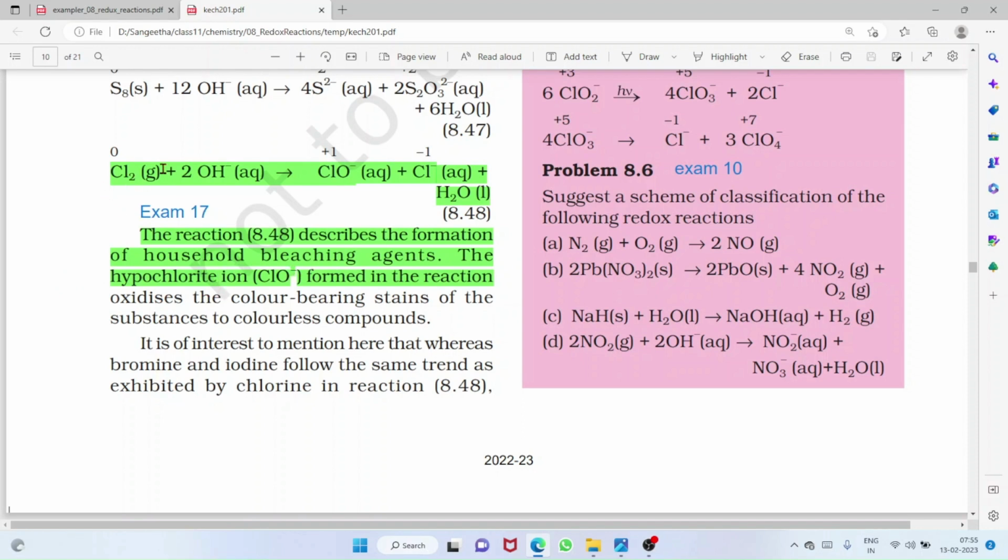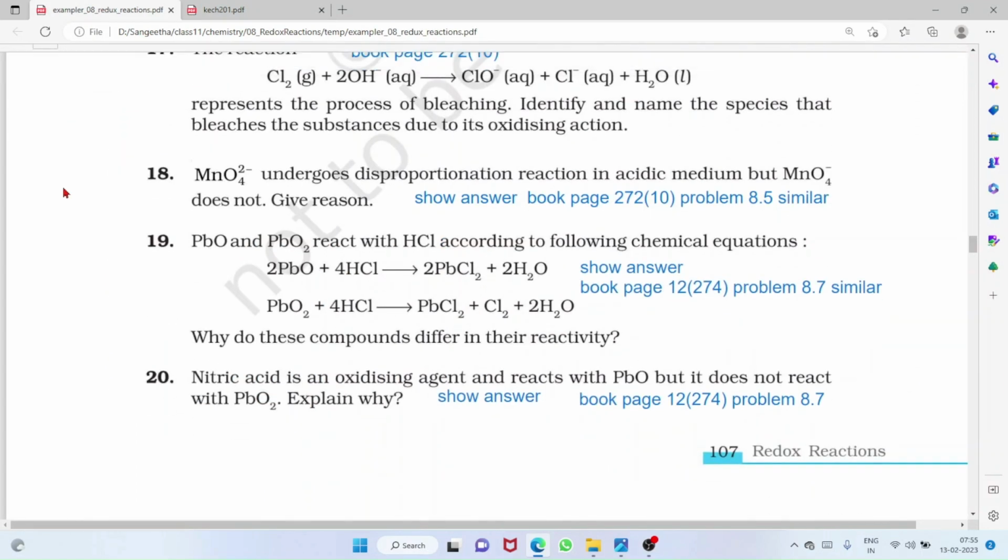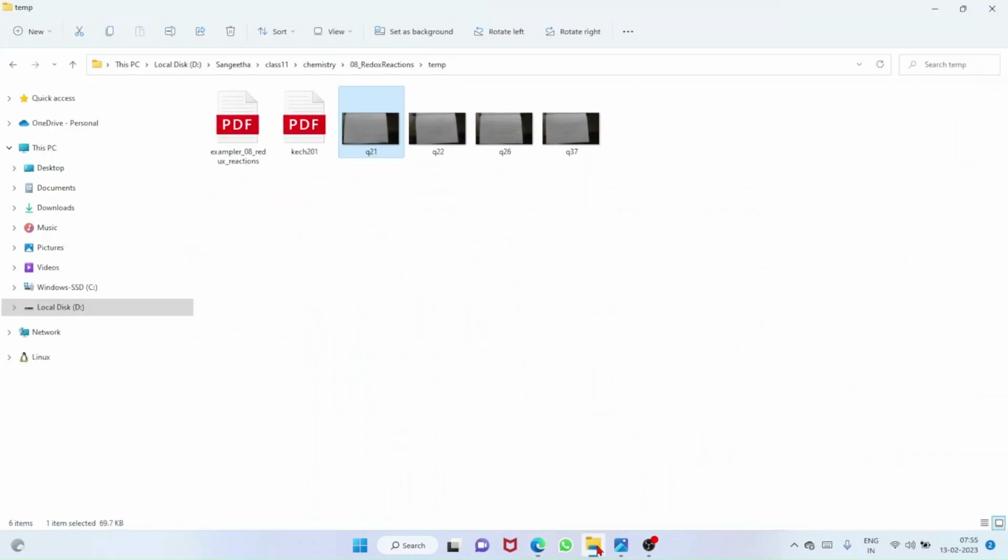So this is the reaction for the formation of the bleaching agent. Okay, MnO4 undergoes disproportionation reaction in acidic medium, but MnO4 does not give the reactions. So, okay, I'll show the answer.